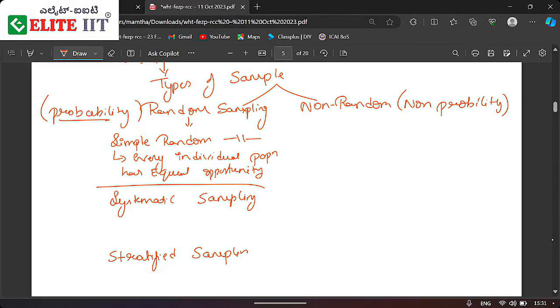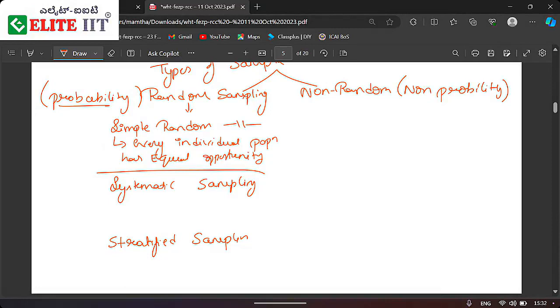Next one is systematic random sampling. It is also randomly taken, but it is systematically taken. To make it easier, every member of the population is listed with different numbers. Instead of randomly picking, you make small groups. For example, in systematic random sampling, you randomly select a starting point from any number.